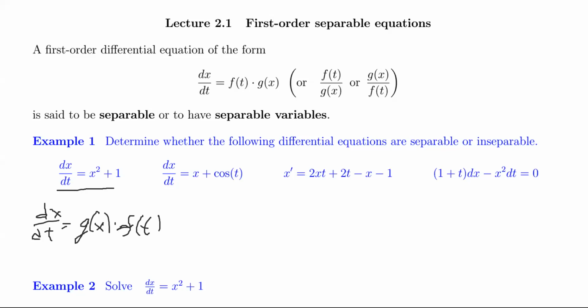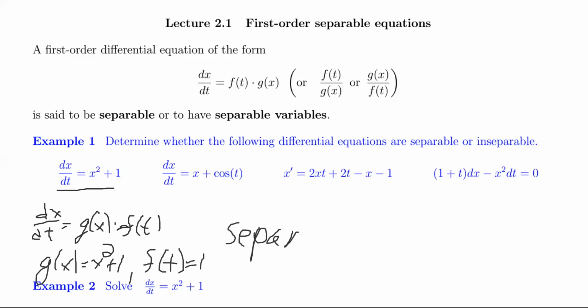So if g(x) = x squared plus 1 and f(t) = 1, we get exactly dx/dt = g(x) f(t), in which case this is separable. So our first one is separable.